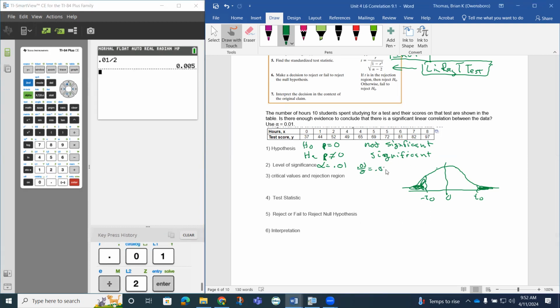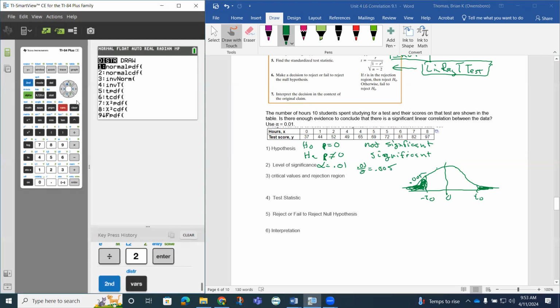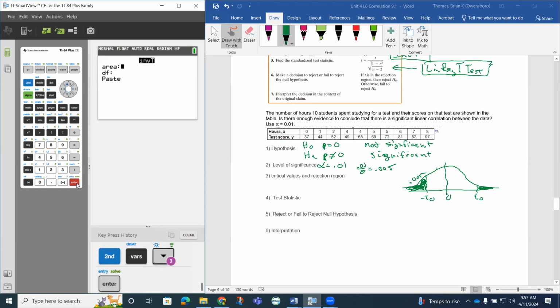So 0.005 is going to be the area under the curve here. What I want to do is find this area over here to the left, and I'm going to use inverse t to do that. I'll go to the distribution menu using inverse t instead of the t distribution table. Notice that the area is going to be 0.005.